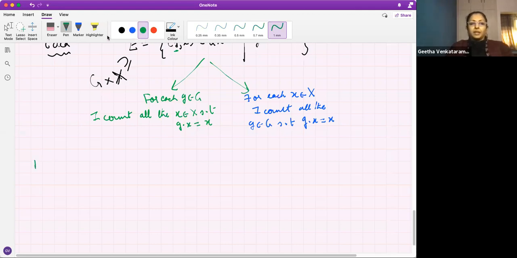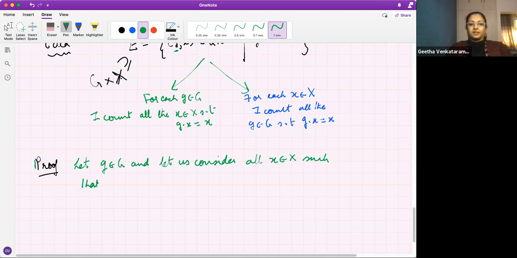So I'm writing the proof now. Let g belong to G, and let us consider all x in X such that g dot x equals x. But then if g dot x is equal to x, what does that tell us?